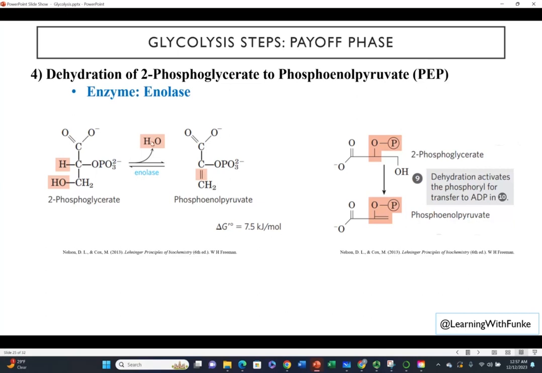We have a dehydration reaction, so we think of it as taking out these two. We have taken out hydrogen here and the hydroxyl group here to form that double bond, which gives us phosphoenolpyruvate. And that will be used in the next step to produce our final metabolite, which is pyruvate, as you would see.